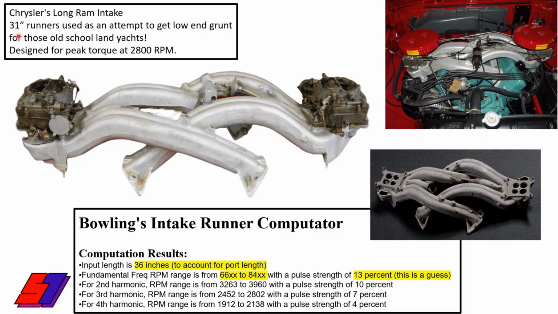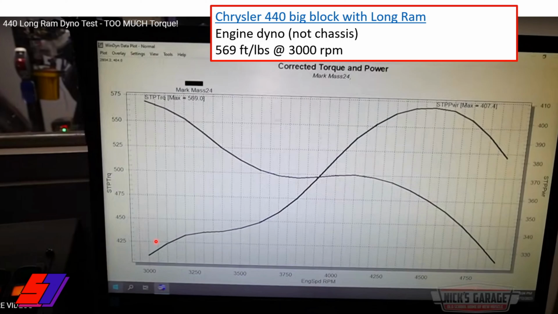Now, I'll be honest with you, this guy had major problems getting the dyno to read anything at low RPMs. I mean, he hit the gas on this motor and it just blasted through the dyno, couldn't get a reading. So you can see the lowest number he got was 3,000 RPMs and 569 foot-pounds of torque, which is pretty amazing. And you can see this line coming down. It dips below 500, and then what does it do?